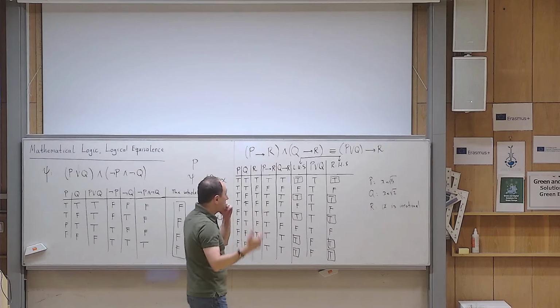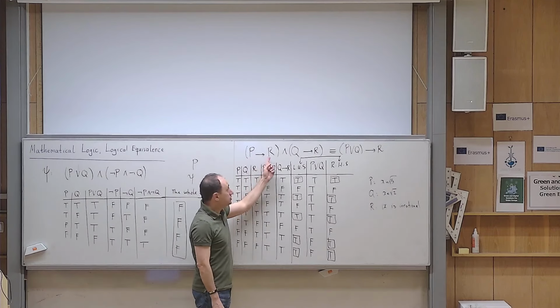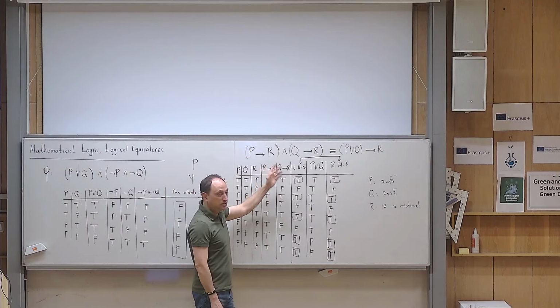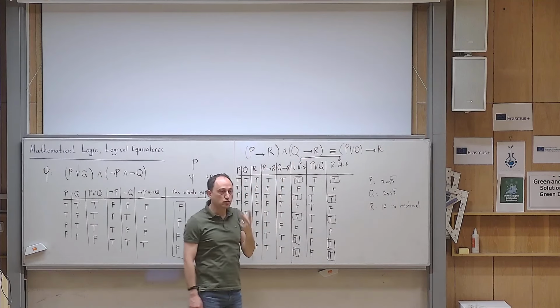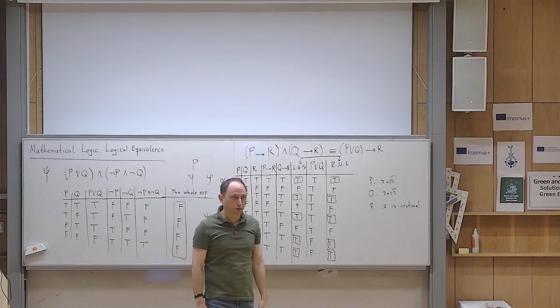So this might be easier. If P is a sufficient condition for R, so let us say R is something that we have two sufficient conditions for it to occur.